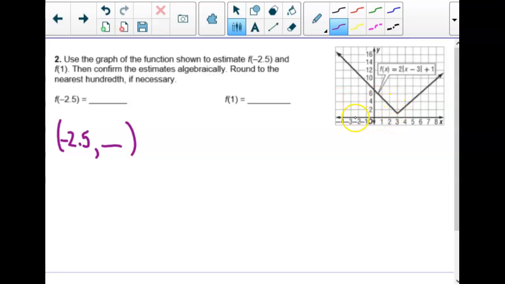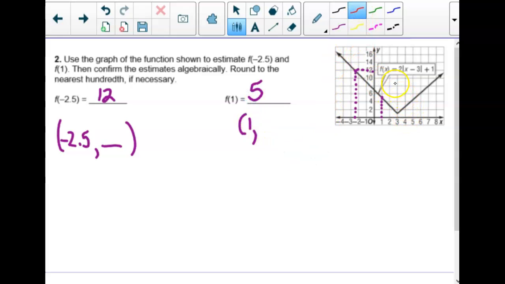So if I go over for x equals negative 2.5, it appears the y value is 12. And then it says f of 1. If I go to x equals 1 on the graph, it appears to be 5.